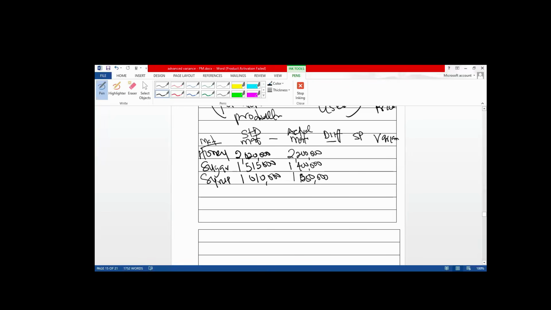Look for the difference. 2,020,000 minus 2,200,000. This is negative 180,000. 180,000 negative. 1,515,000 minus 1,400,000. This is 115,000.